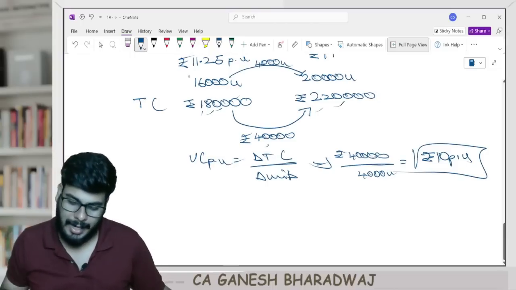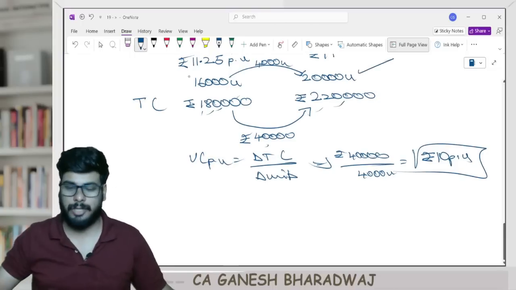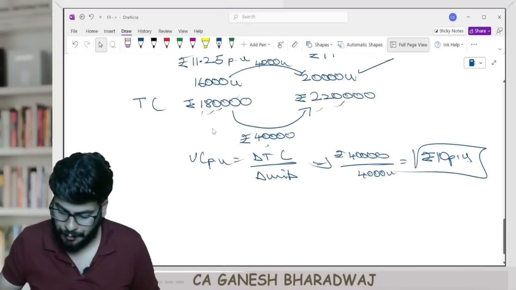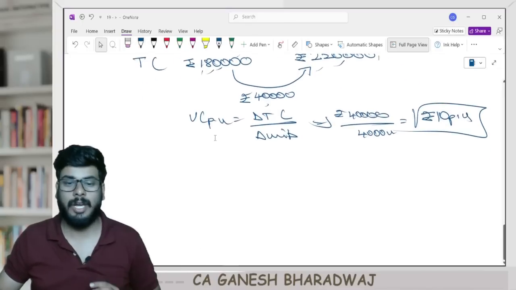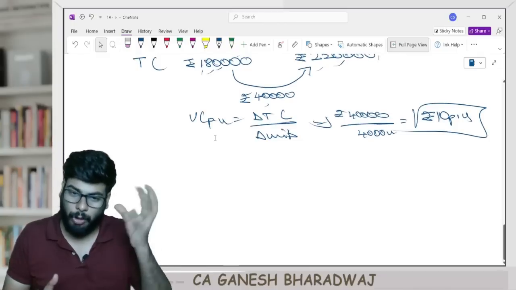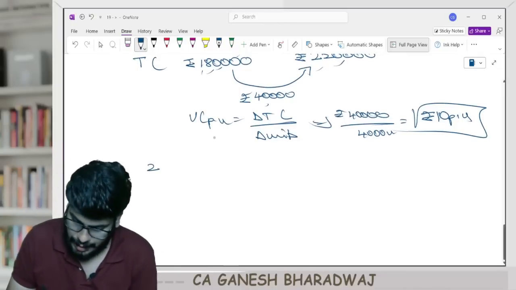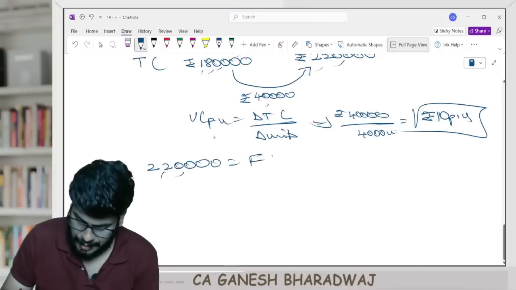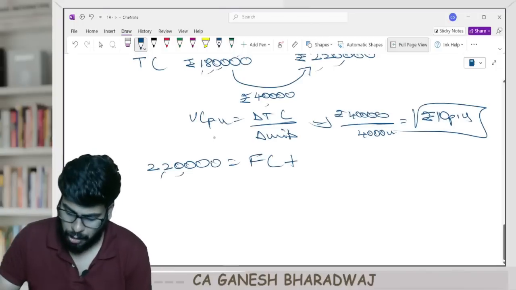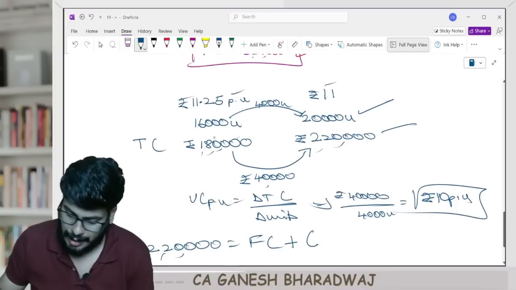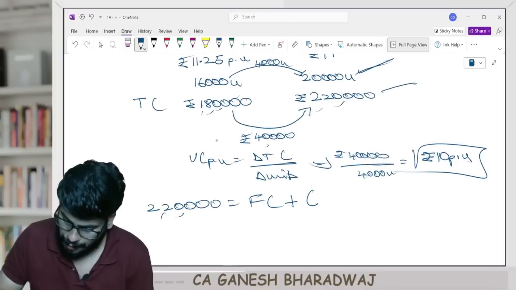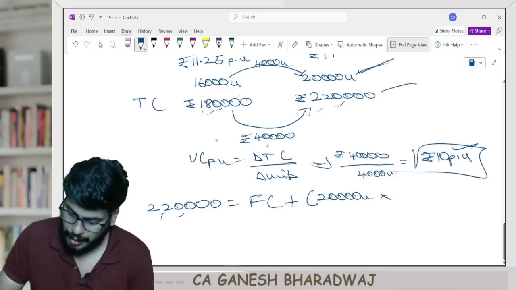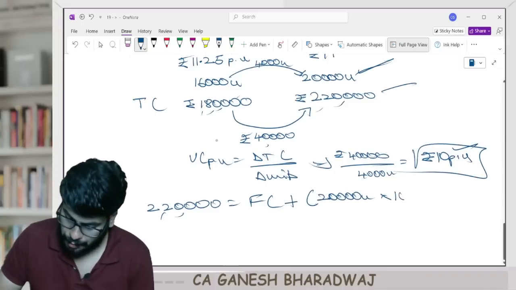Now you can take any one output level, take the 20,000 units output level. For 20,000 units, I have a total cost of 2,20,000. This 2,20,000 is a component of both fixed as well as variable. So, can I say 2,20,000 rupees is equal to fixed cost plus variable cost? Variable cost for 20,000 units is 20,000 into the variable cost per unit we just found out, which is 10 rupees.